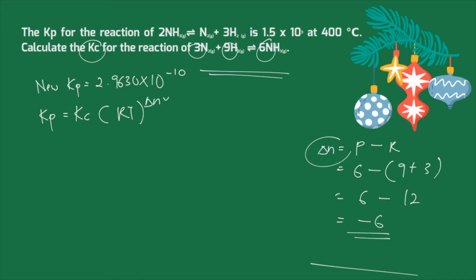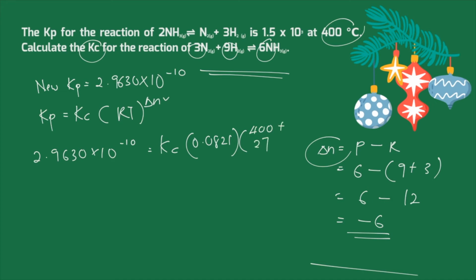So you have this one already. Your Kp is 2.9630 times 10 to the power of negative 10. Your Kc is the thing that you want to calculate. Your R is 0.0821. And your T is 400 degrees Celsius plus 273. Make sure that you convert this to Kelvin, because R is in Kelvin as well.